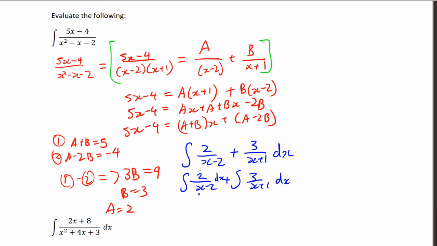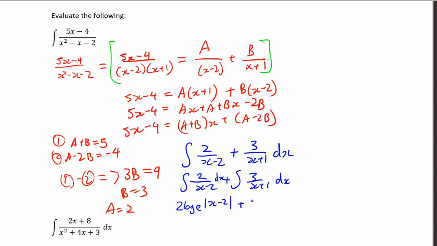Evaluating each of these, if I have 1 on x plus or minus something, that integral is a log. So this expression is just 2 log_e of the modulus of the denominator, because when you integrate a hyperbola, you need the modulus sign.